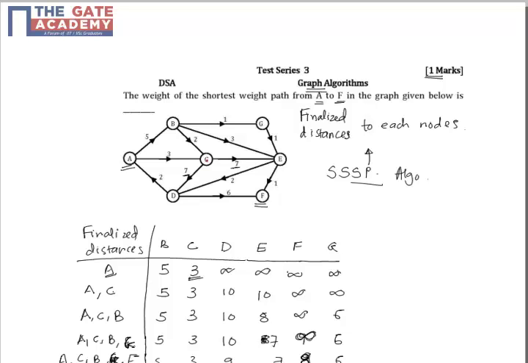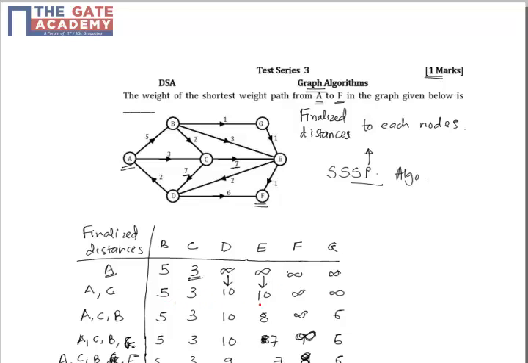That means the path from A to E will take 10 units, so we change infinite to 10. Similarly, the path to D is 7 plus 3, which is 10. So these two distances we have measured by adding C, and the other two are infinite.